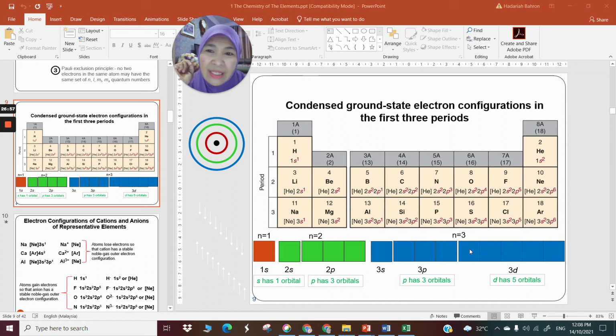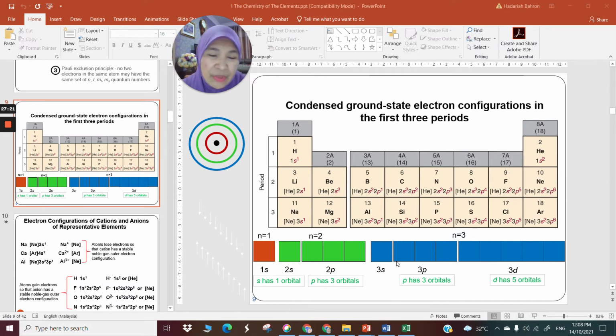So you have dxy, dyz, dxz, dx squared minus y squared, and dz squared. And each of these is located in the quantum number as they are similarly colored. So in shell number 1, only 1s. Shell number 2 has the 2s and 2p's.